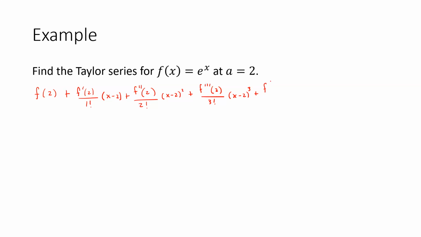So we can continue generating infinitely many terms this way, but let's see if there's a pattern that we can recognize, so that we can just write the formula for it. And the nice thing again about e to the x is that we know all the derivatives of e to the x are all going to be the same. They're all going to be e to the x.